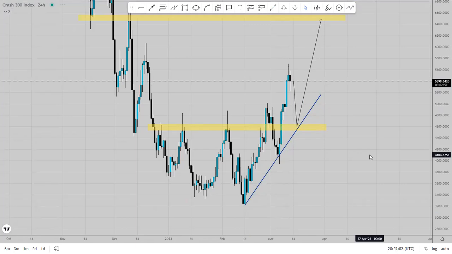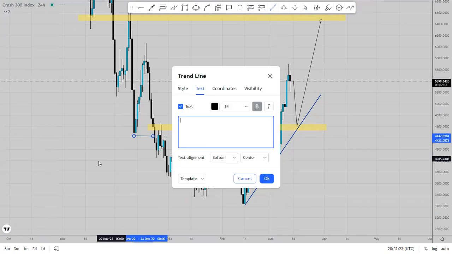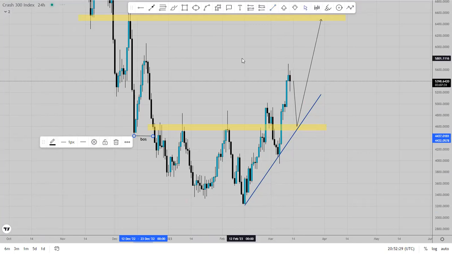If you ever want to go deeper, you can also look at institutional trading. Looking to the left, you realize here there was a simple break of structure. Simple break of structure.